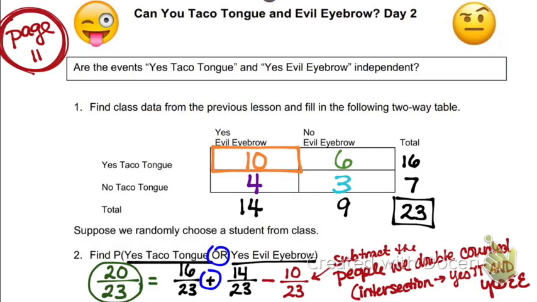So if I'm using this table to help me narrow this down, if I say, given that the person selected is yes to evil eyebrow, where would I look on this table for information after that? Every piece of information would have to come out of this yes evil eyebrow here. So given that the person selected is a yes evil eyebrow, what's the probability that they are yes taco tongue? 10 out of 14.